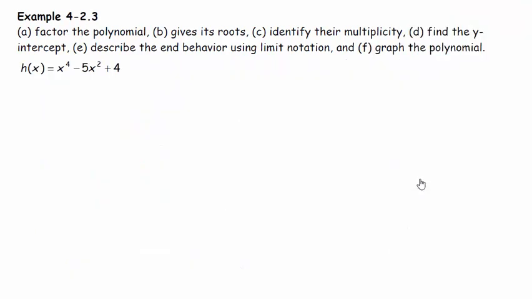Alright, in this next example, our potential roots are the factors of 4 over the factors of 1. So that would be positive 4, negative 4, positive 2, negative 2, positive 1, and negative 1.